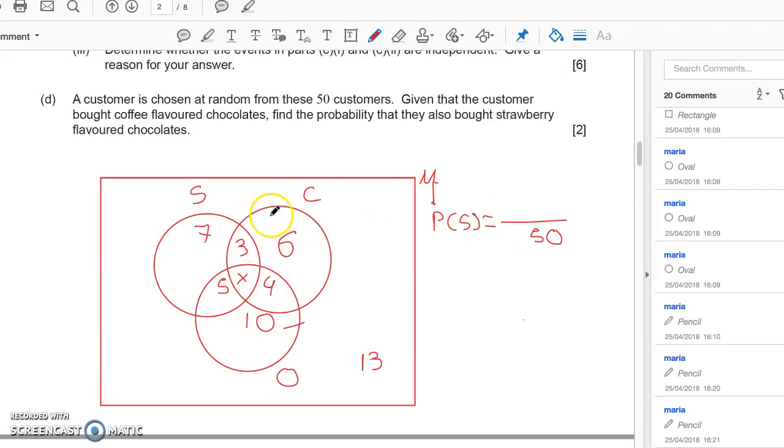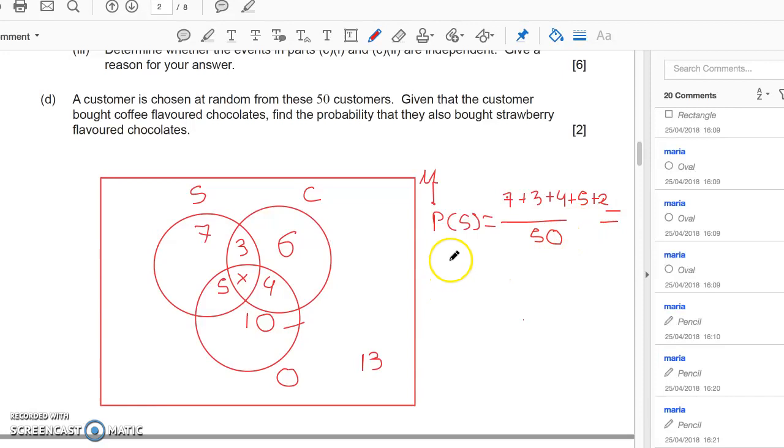I look at my diagram, knowing that X is 2. How many got the strawberry? So I need to add the 7 plus the 3 plus the 5 plus the X, that is 2.